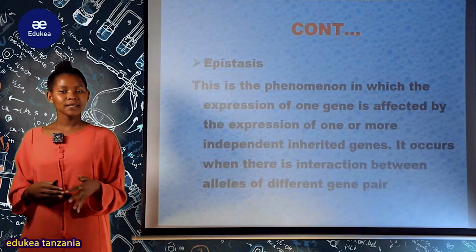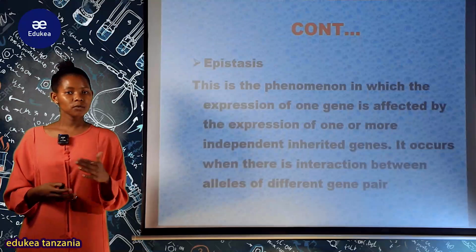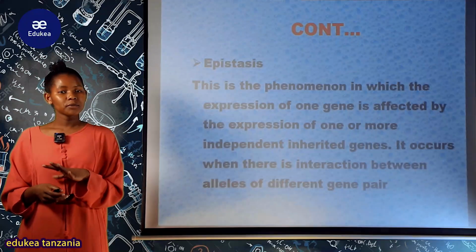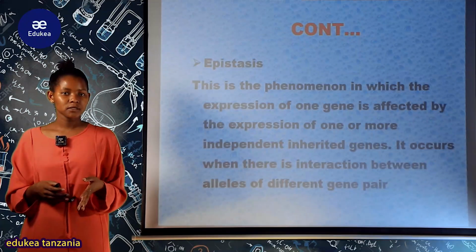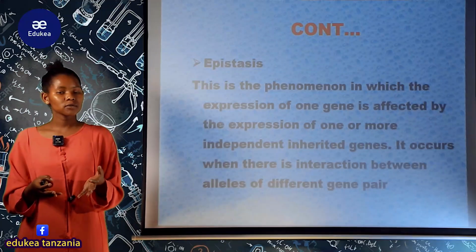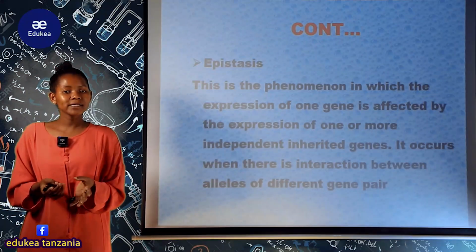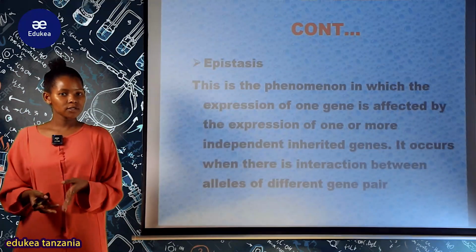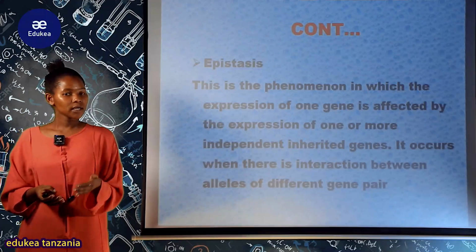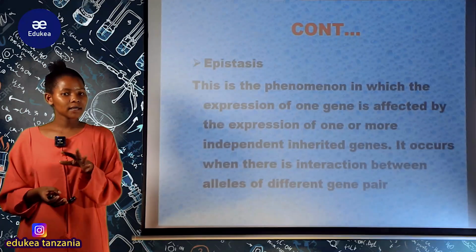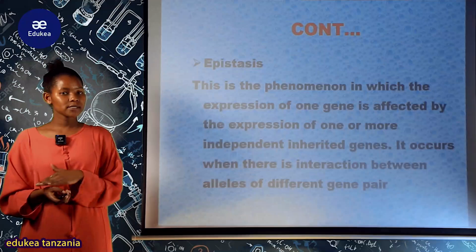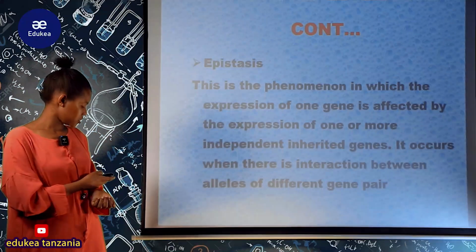Tunapozungumzia epistasis ni kile kitendo ambacho gene moja ina dominate expression ya another gene, ambako itatokea pale ambako kuna inheritance ya more than one gene pair. Inaweza ikatokea gene moja ika affect appearance ama expression ya gene nyingine.